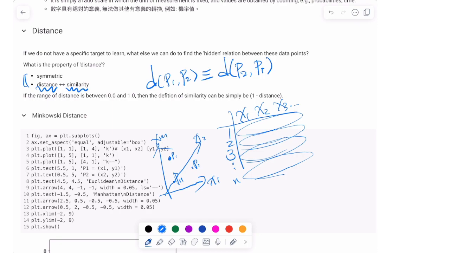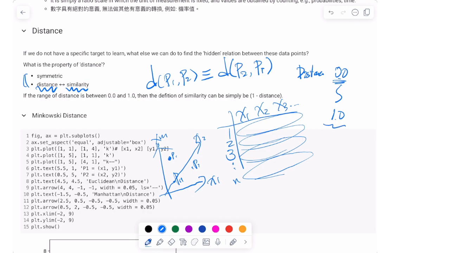Another one is the definition of distance and similarity. Usually, if the range of distance is between 0.0 and 1.0, a distance of 0.0 means two data points are identical, so their distance is 0 because they're the same.